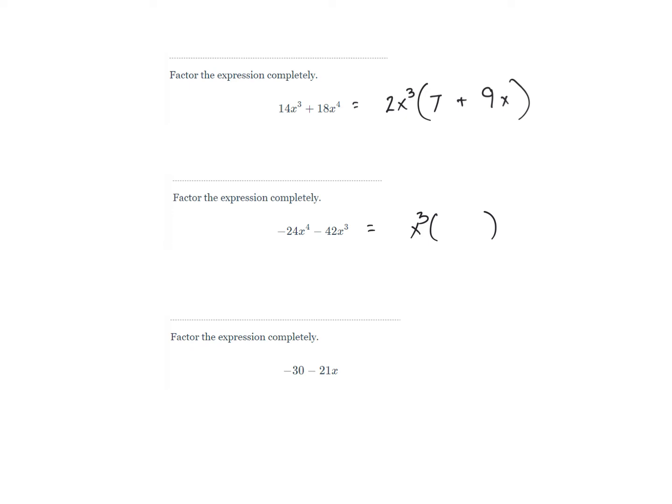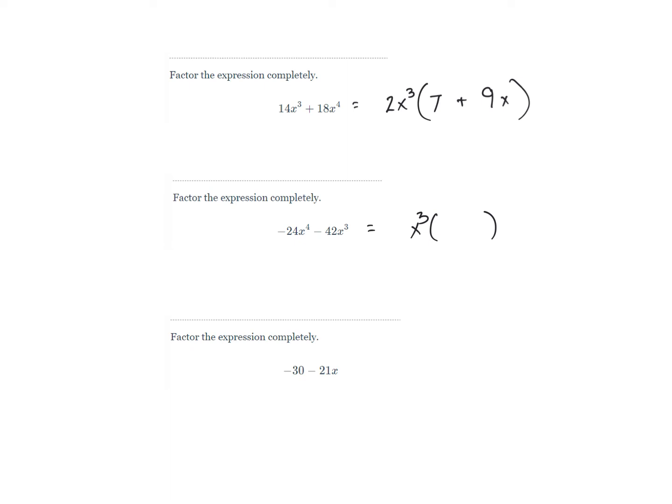And then there's a number we can pull out. What can we divide out? What's the greatest number we can divide out from 24 and 42? It's 2, 4. I'm not so sure, so I use a calculator. 42 divided by 2 is 21.